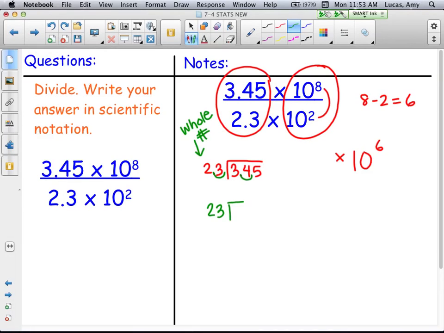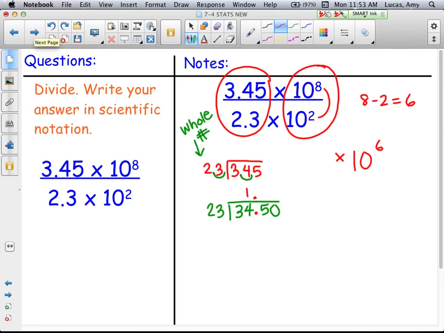So now what I'm really dividing is 23 into 34.5. Now, I don't know if I need an extra 0. I'm just going to put one on just in case. Okay, 23. Now my decimal point's going to come straight up.